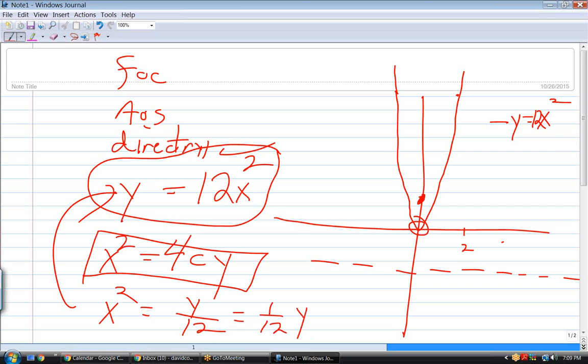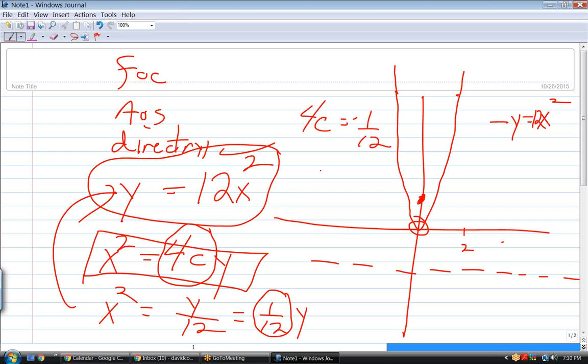That's what x squared is equal to. Now, I know that 4c is equal to 1/12. Dividing both sides by 4, you get c equals 1/48. And that's how far it is from there to there. And the distance to the directrix has to be minus 1/48.